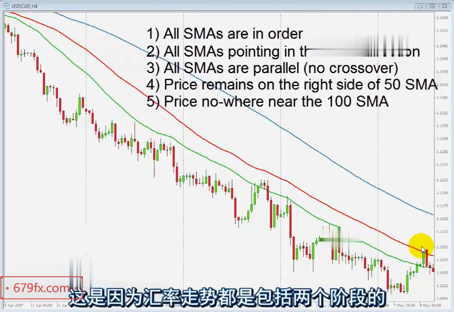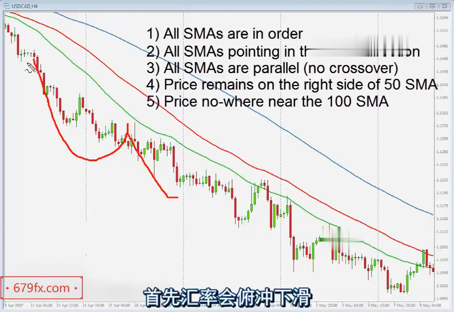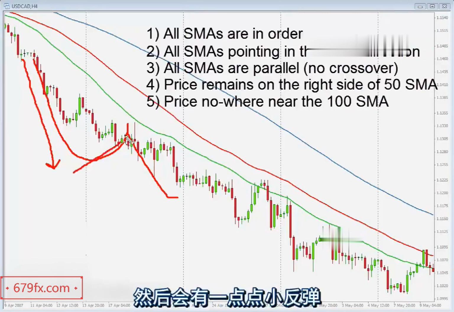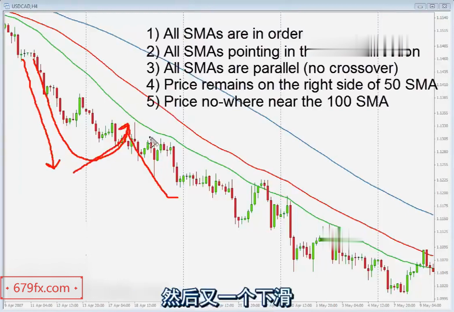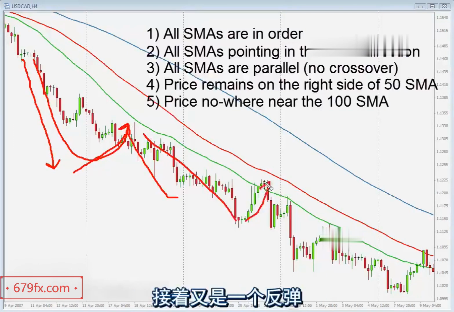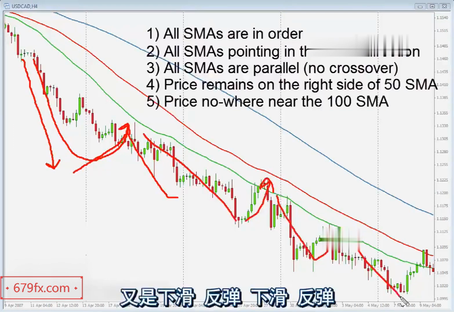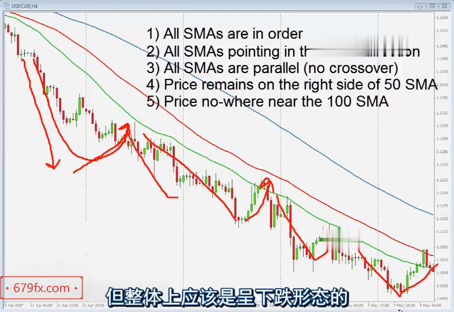And the reason for that is that, well, we all know that as price trends in one direction, we go through 2 different stages. One is the thrust, the swing in the direction of the trend, and then we usually see a little bit of a pullback, then another thrust, then another pullback, another thrust, pullback. Most of the trends are shaped up in that way.